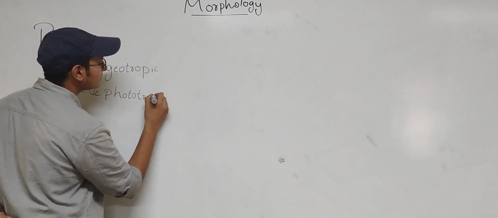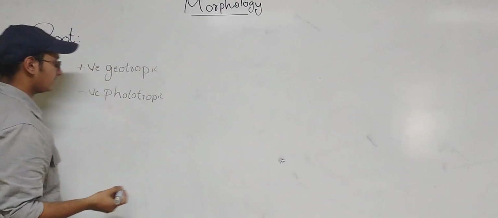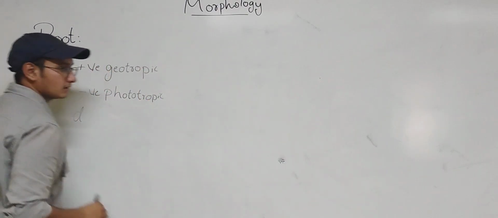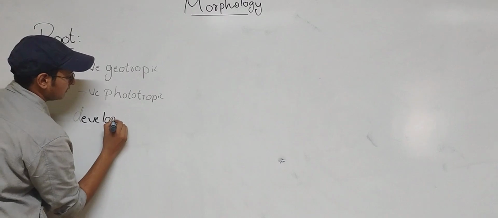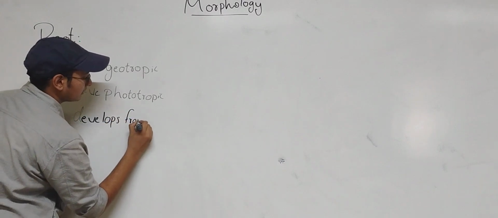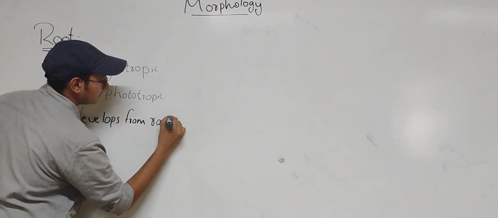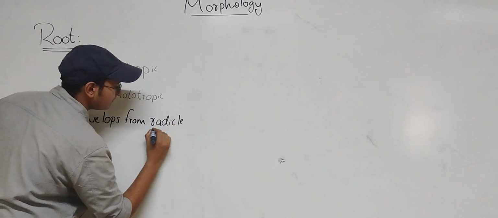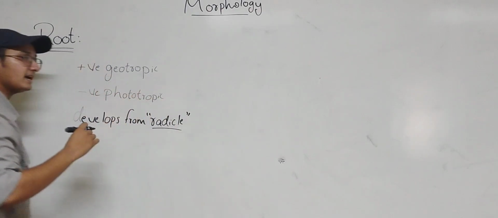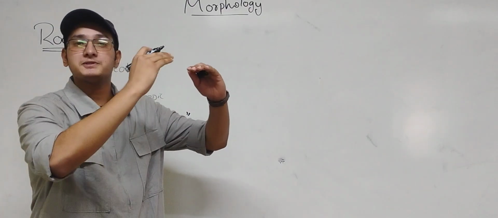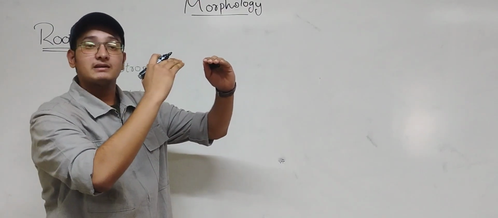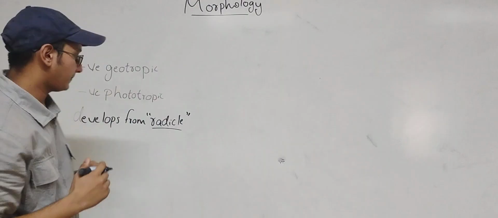So it doesn't matter if it has light or not, and it develops from the radicle. Remember this. The seed has two main units, a radicle and a plumule. The plumule develops into the shoot system and the radicle develops into the root system.